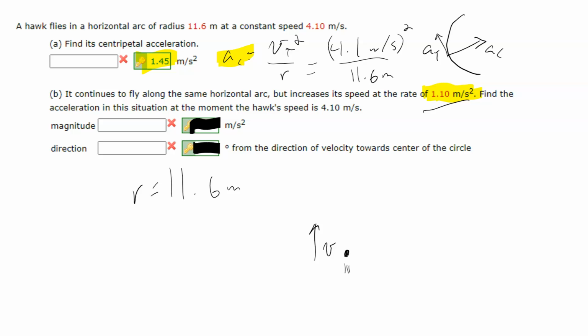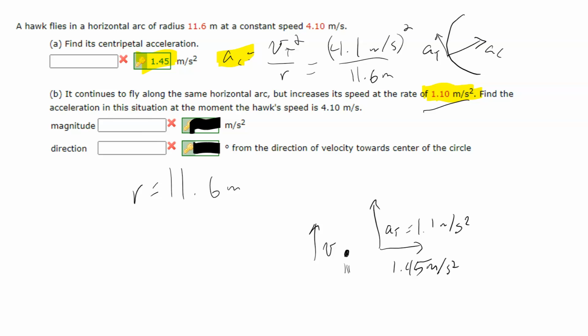Along the direction it's moving, a sub t is equal to 1.1 meters per second squared, and we have a perpendicular acceleration equal to 1.45 meters per second squared. What we're trying to figure out is the exact magnitude, and for that we're going to use the Pythagorean theorem, a squared plus b squared equals c squared.